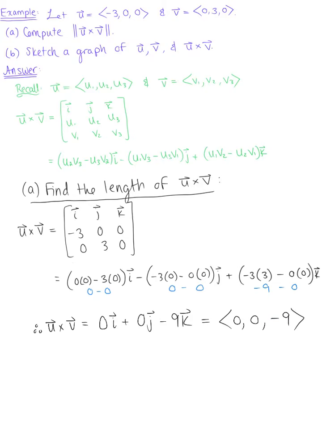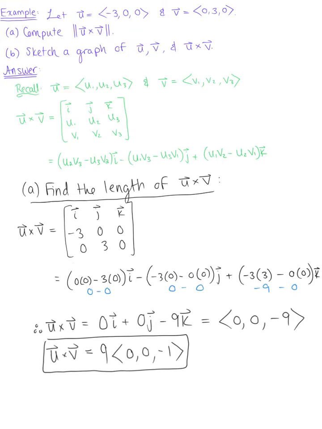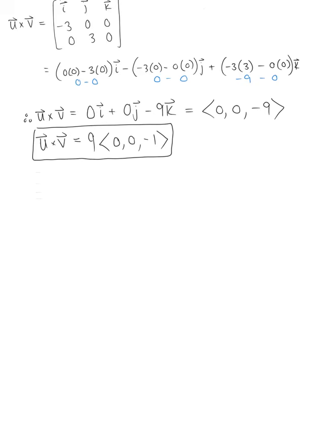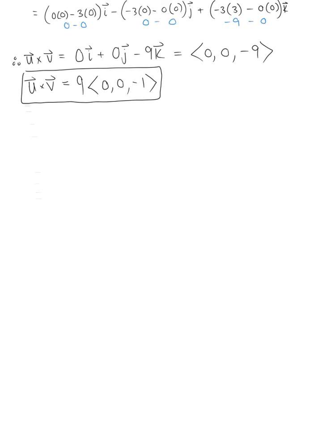And I'm going to take this a step further and write this as 9 multiplied by the vector 0, 0, -1. The reason I'm keeping my negative in there is because I know that I want to find the magnitude next, which is the length. And we want our length to be positive.